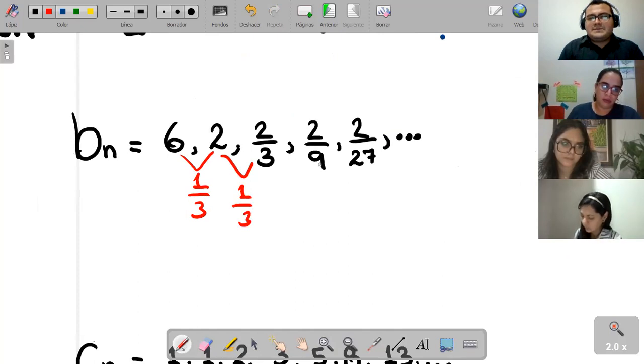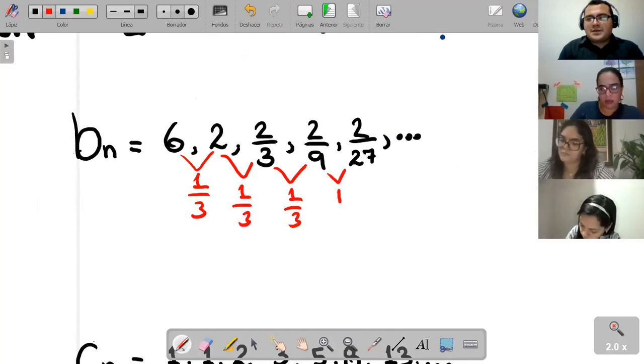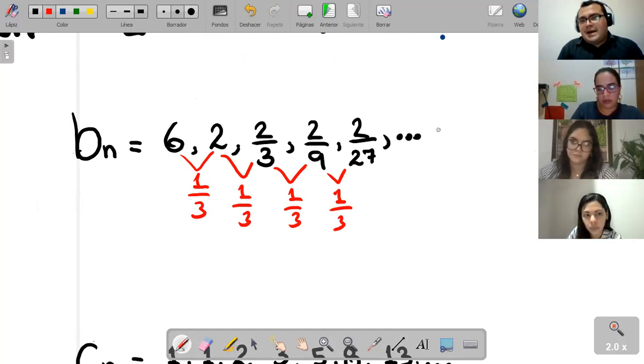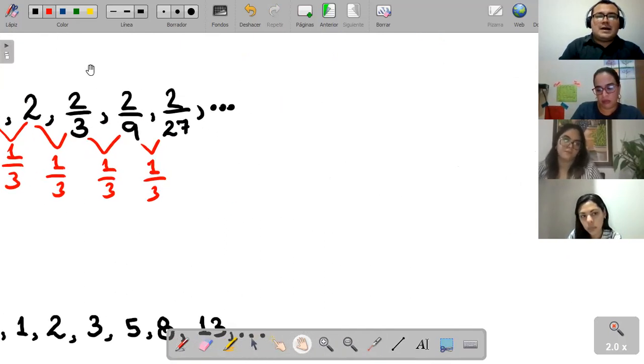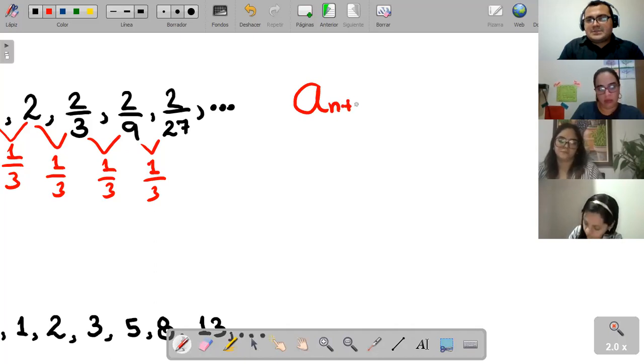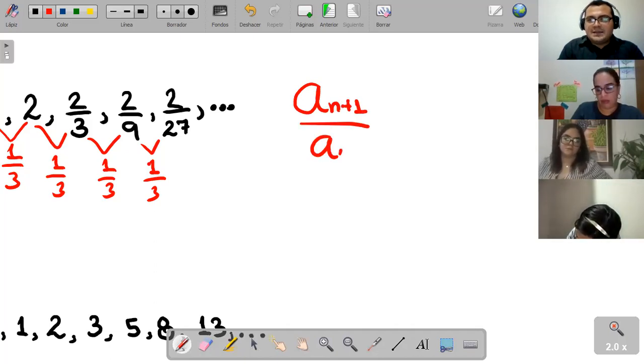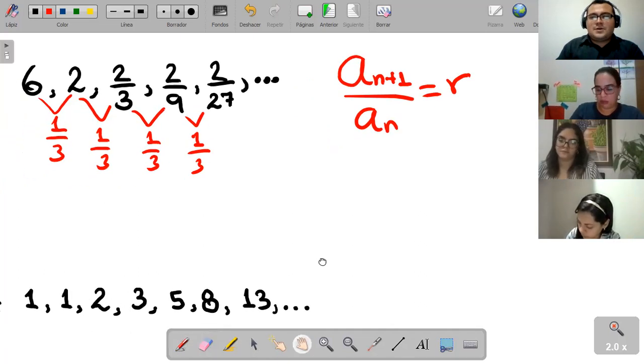Again, it will be acceptable to me if you try it this way and you discover it this way, but mathematically, we have to try with the rule, with the formula. What is the formula? Compare the consecutive value divided by the one that is before, and see if that ratio works over there.